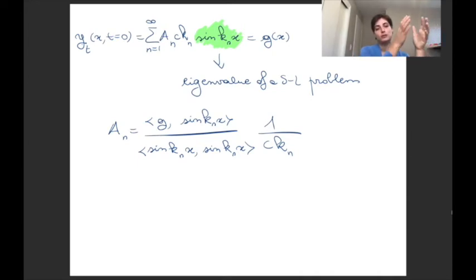So we know that an c kn can be computed from the Sturm-Liouville theory. On top of that, we know c, it comes from the problem, and we know kn. So we have a formula for an that is based on the Sturm-Liouville theory that says that this formula is the inner product between g and sine knx divided by the inner product of sine knx times itself. And if we want to find an, then we also have to divide all of this by c and kn.